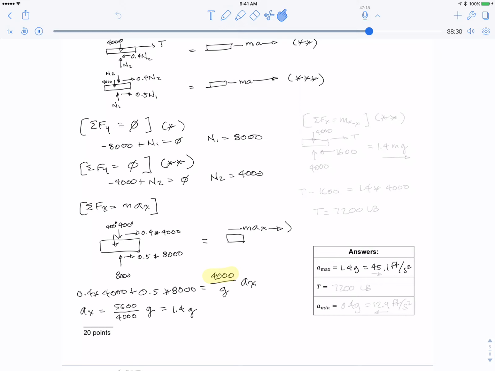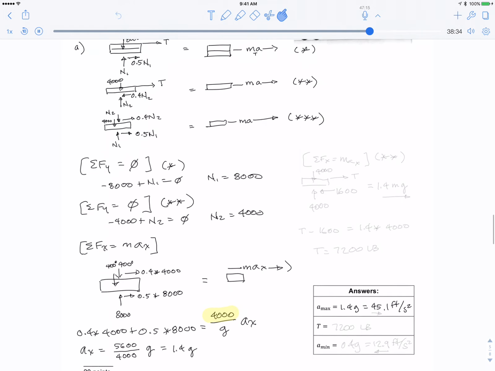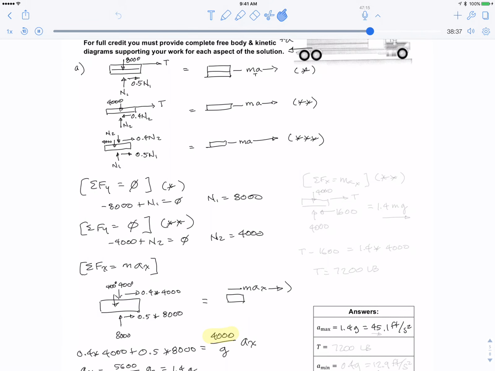Okay, so now we can pick any one we want to get T. Let's do free body diagram number 2.